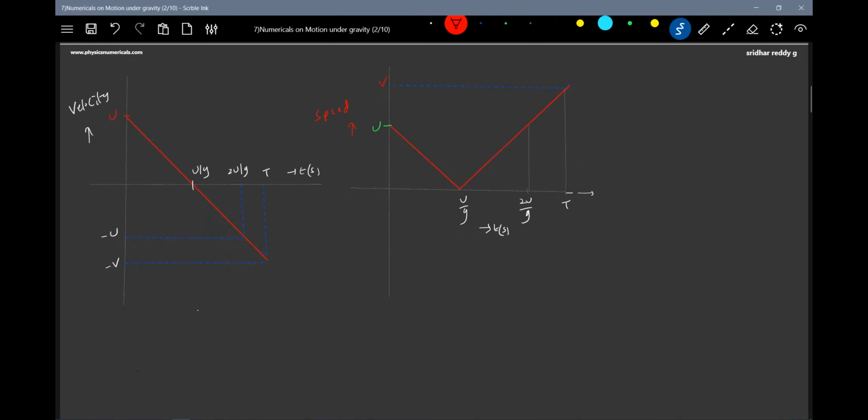Speed cannot be negative. It will come and strike the ground with a speed more than the initial speed of projection.